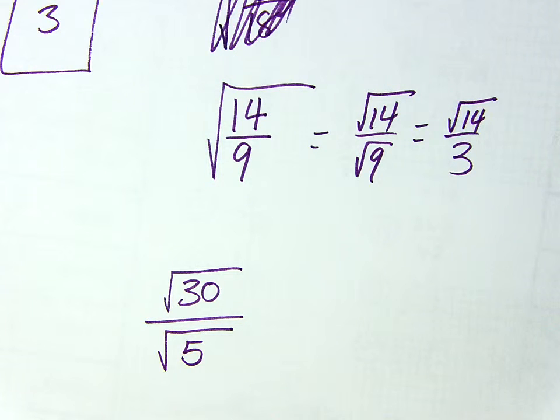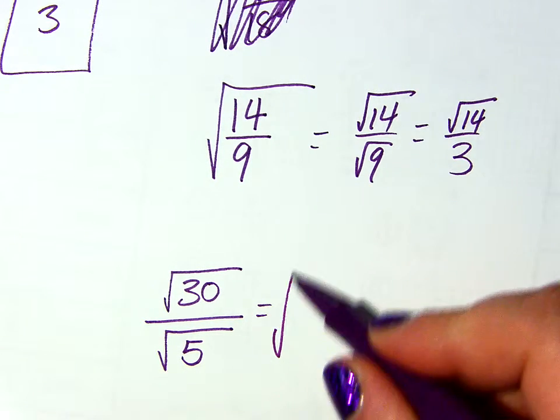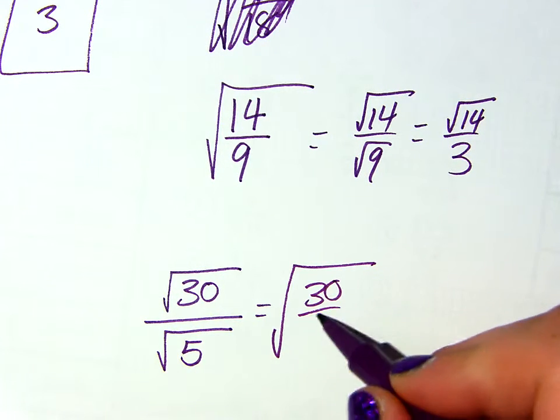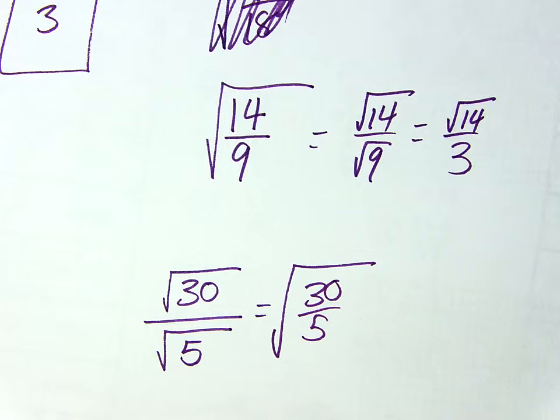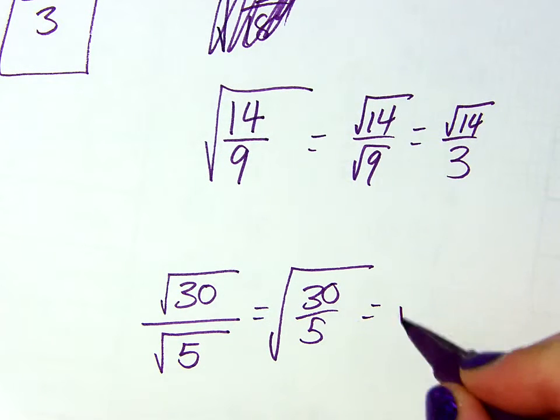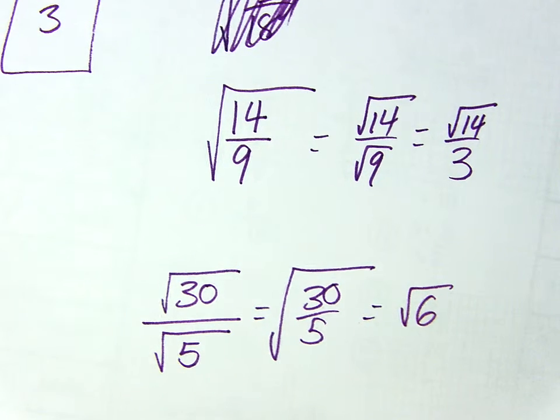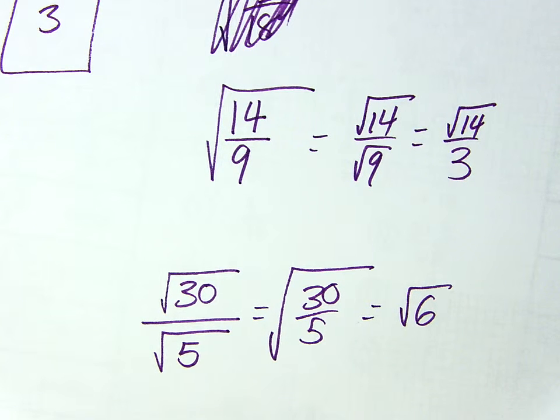I have two separate square roots, but what I could do is rewrite it as one big fraction. And now I can just reduce that fraction. Right? Well, what's 30 divided by 5? Just 6. So I just end up with the square root of 6 as my answer, and I'm done. So if you have square roots on top and on bottom, you can simplify what's in there with each other.